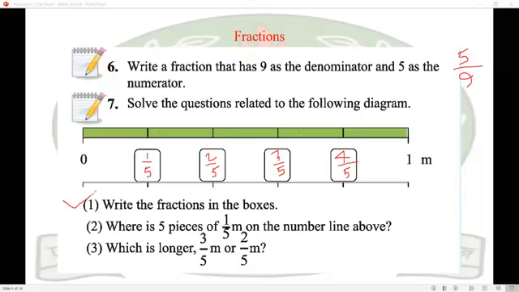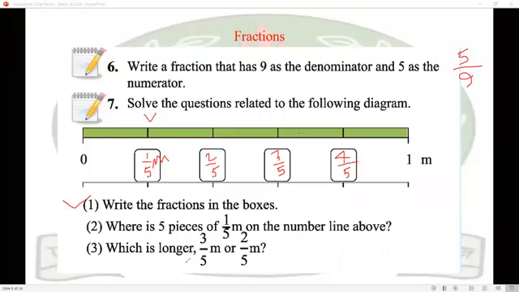So we can indicate this portion, where the length is 1 by 5 meter. This is 1 by 5 meter, this portion.